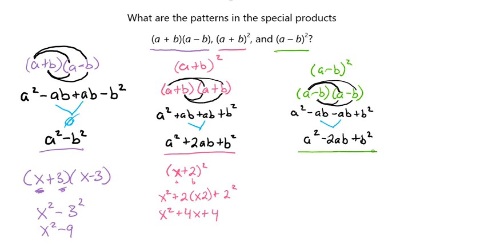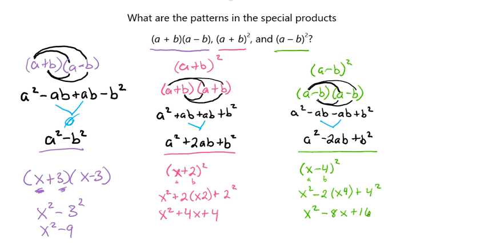So what that means is that if I had x minus 4 quantity squared, this would be my a and that would be my b. x squared minus, not plus, minus 2 times x times 4 plus 4 squared. So x squared, and negative 2 times 4 is a negative 8, so negative 8x plus 16.